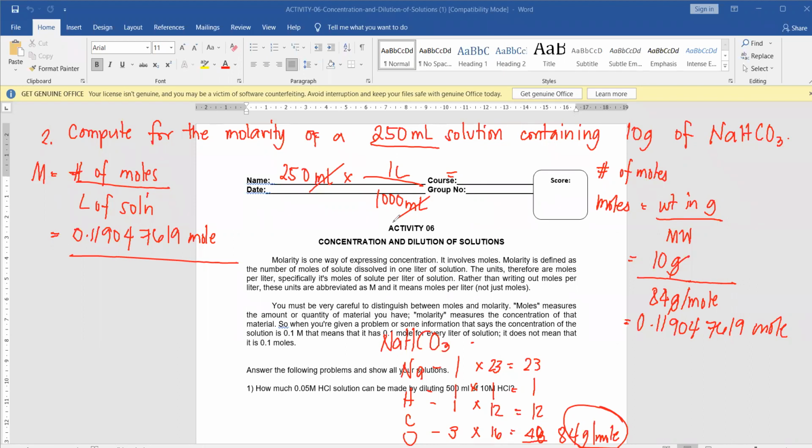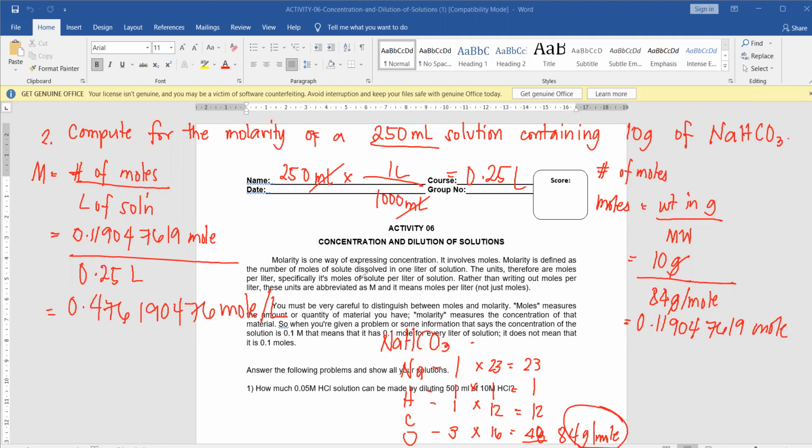250 divided by 1,000 is 0.25 liter. So yan din yung isusulat natin dito. So if we divide this, 0.11904-7619 divided by 0.25, you have there 0.47619047 moles per liter.